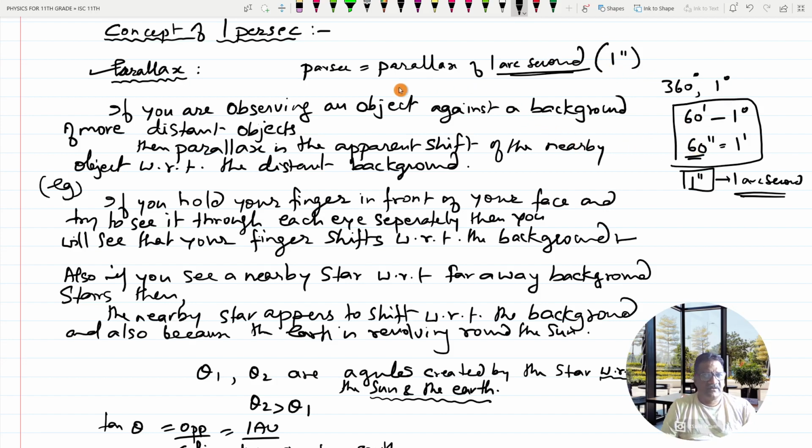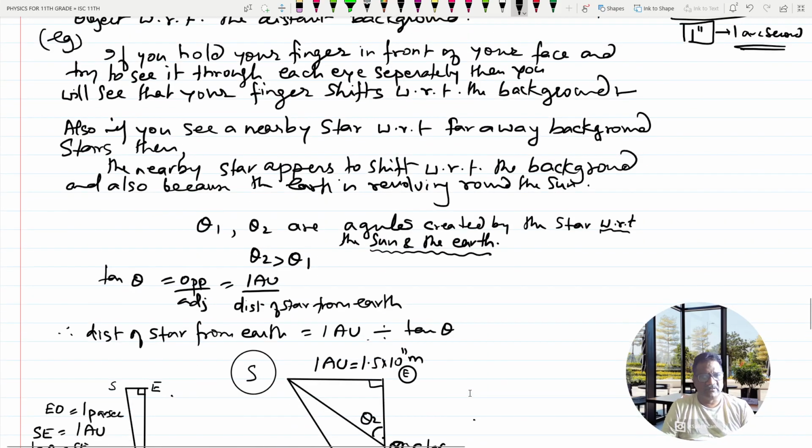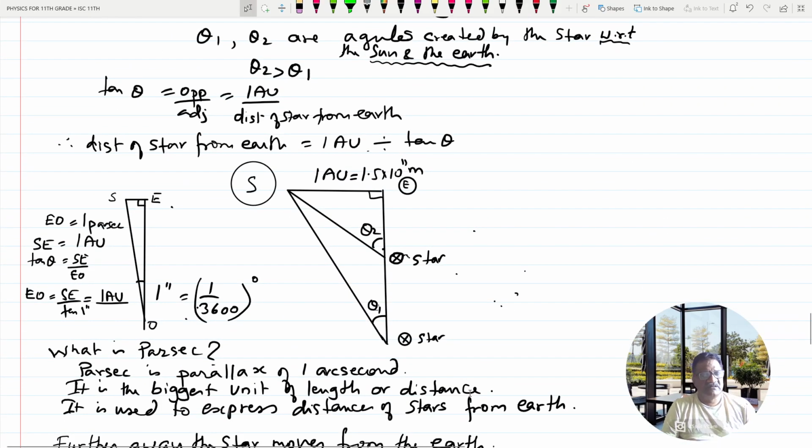Now, parsec is what? It is a parallax of 1 arc second. The meaning of this is what? I'll try to explain it now. Suppose this is the sun, this is the earth, and the average distance between the sun and the earth is 1 AU.